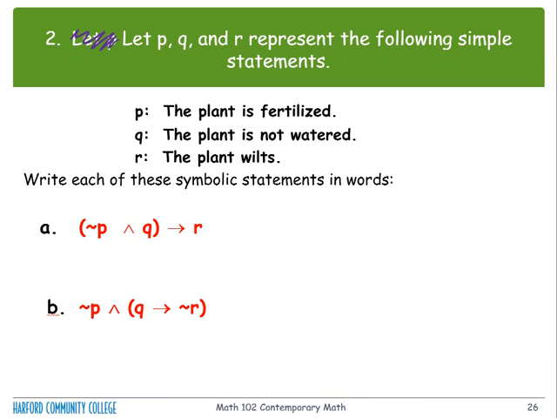For part A, the main connective is the conditional statement, the if then. So we start with if, and have the comma sign.